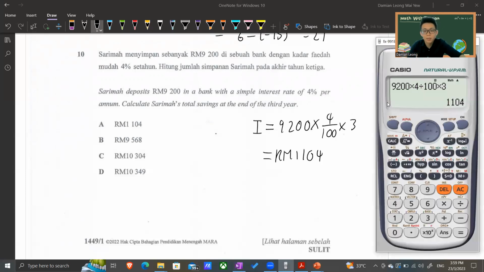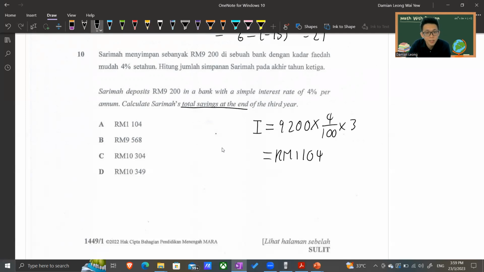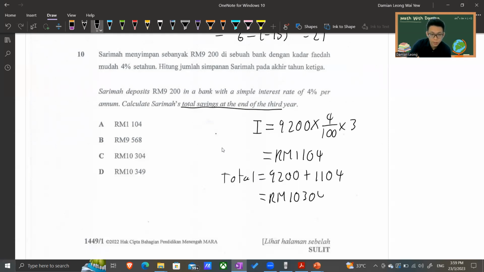But that's not the answer. That's only the interest. They want the total savings at the end of the third year. So I have to add it back to the initial principal, how much you had in the first place. So 9,200 plus 1,104 is 10,304 ringgit. Answer C.